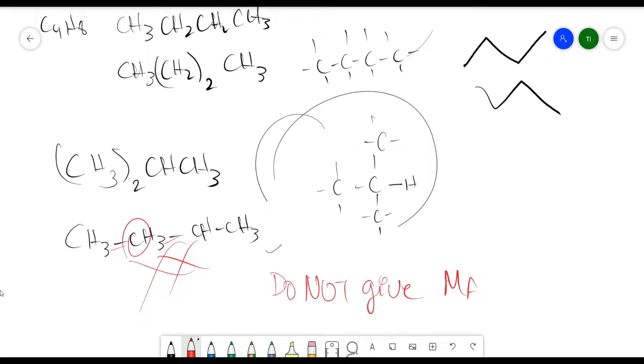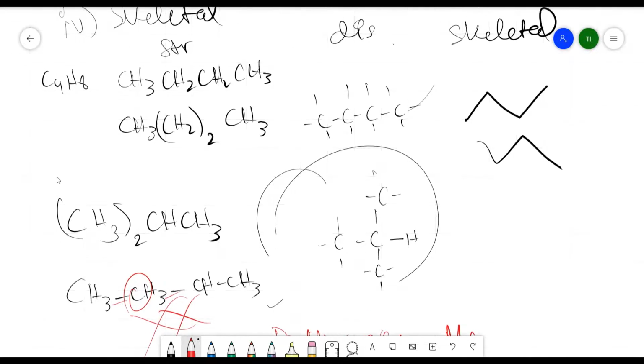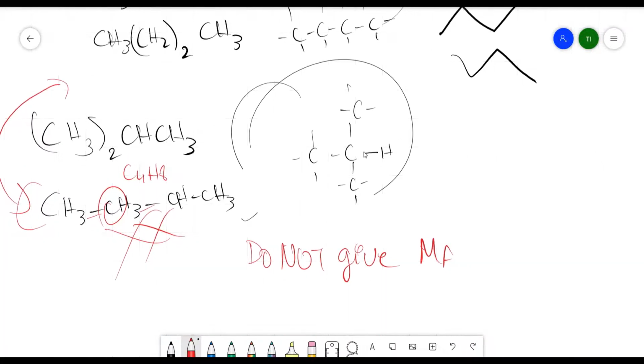For instance, I gave you that this is butane, C4H10, but even this other compound is C4H10. So how would I know which compound you're indicating? Do not give the molecular formula unless it's allowed. Just do not use it unless it is mentioned.